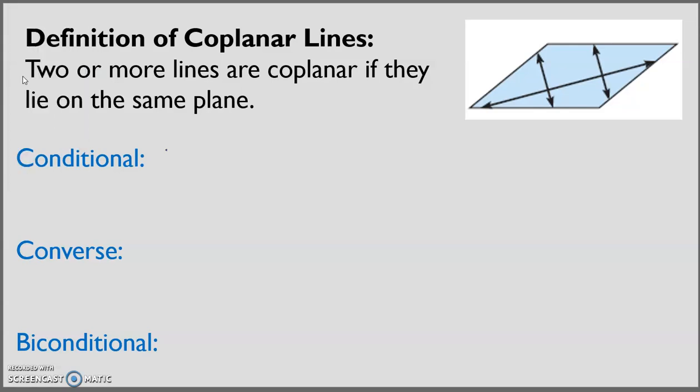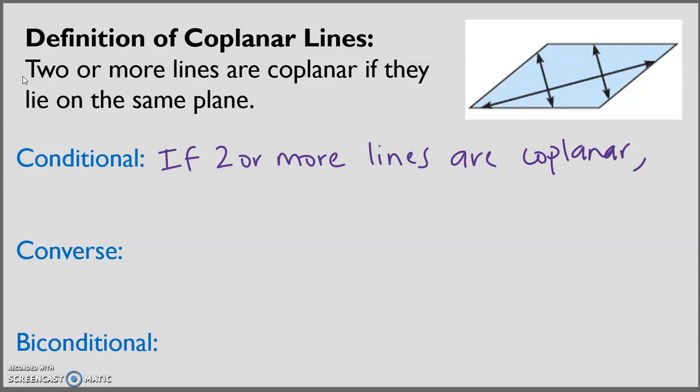The conditional is: if two or more lines are coplanar, then they lie in the same plane.